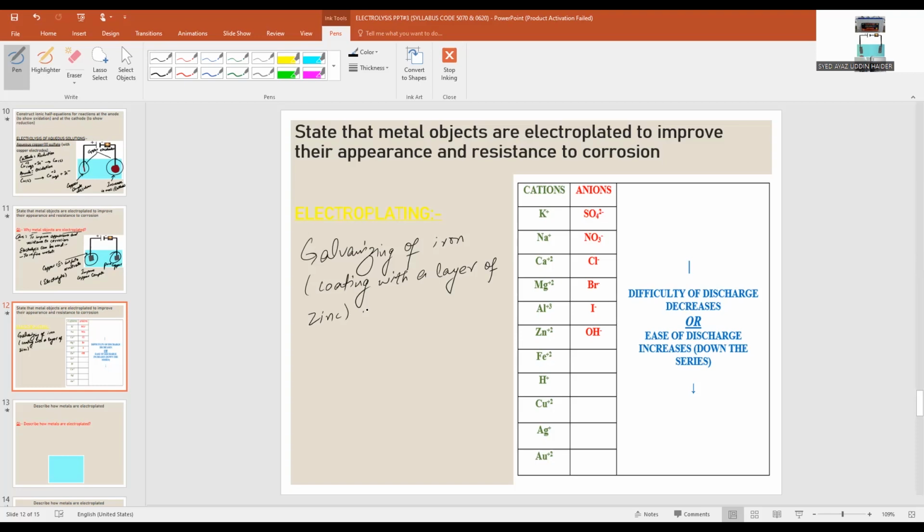The object to be plated is made the cathode and the metal we wish to plate is made the anode.